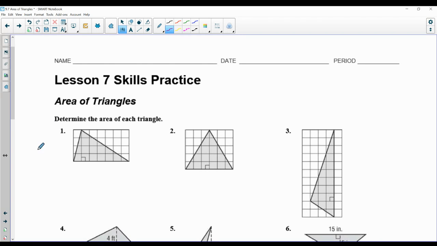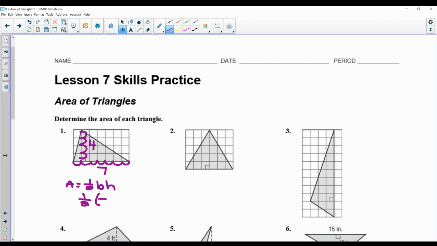So on this first one, what you would have to do is count 1, 2, 3, 4, 5, 6, 7 for the base. The height would be 1, 2, 3, 4. And the formula tells you to get half of the base times height.